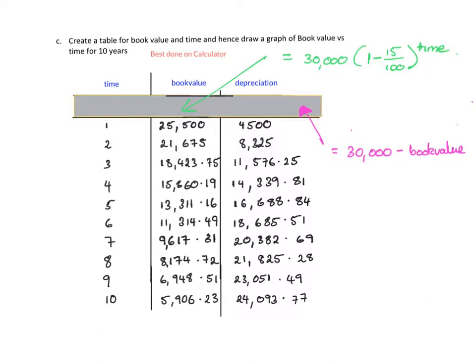Now, the second part here is to draw a graph of book value versus time. So time will always be on your horizontal axis, book value is on your vertical axis. And what we should notice is that because the depreciation is not constant here, we're not going to end up with a straight line.